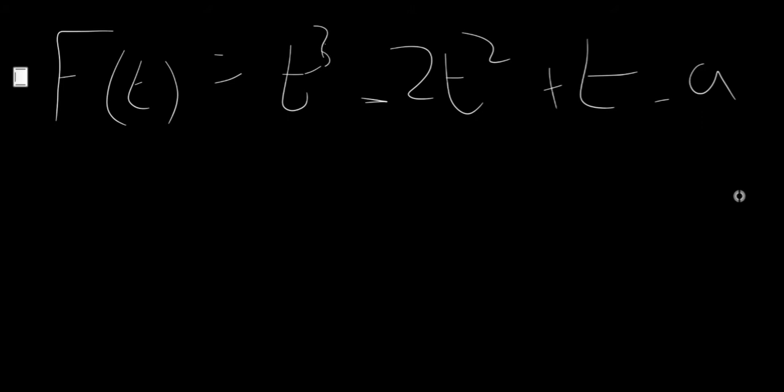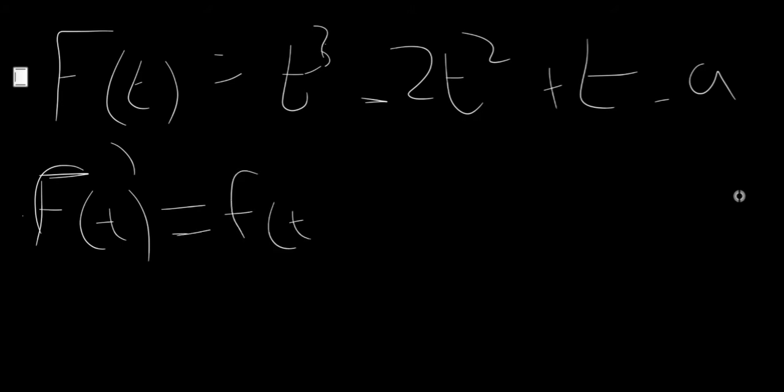So the derivative of big f of t is equal to the small f of t, right? Because when we integrate the small f of t, we get the big f of t. So if we derive the big one, we go back to the small one. So let's derive this. T cubed, it will be 3t squared, and that's it.